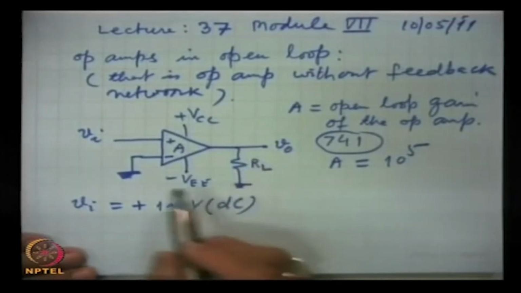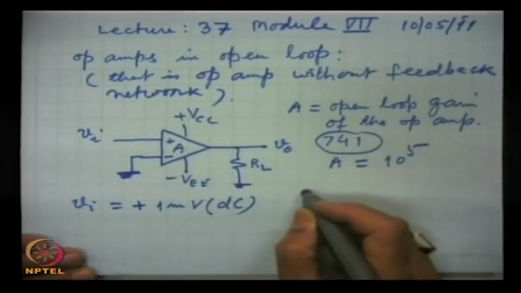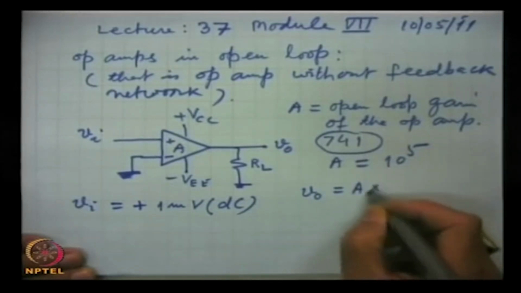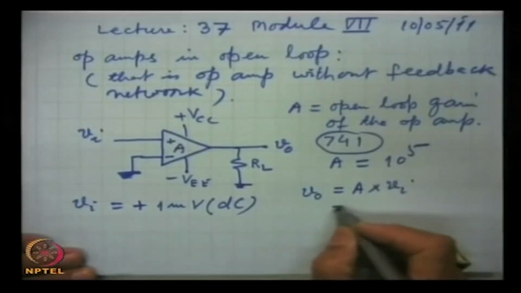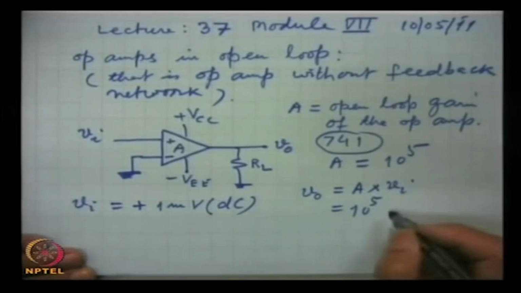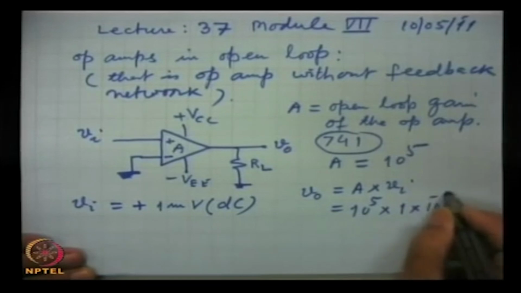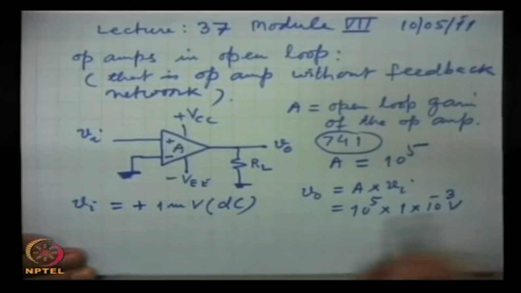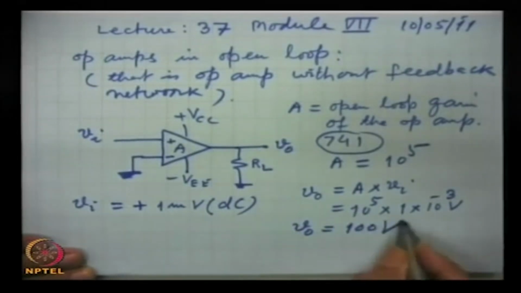Output is gain into input, that is V out will be A into Vi. Gain is 10 to the power 5, and this is 1 millivolt, that is 10 to the power minus 3 volt. So, the simple mathematics says that V out will be 100 volts.